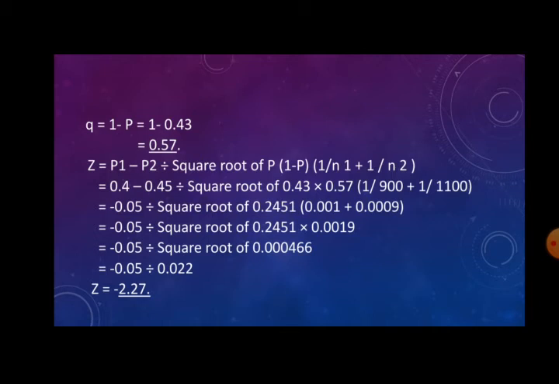Next, minus 0.05 divided by the square root of the product of 0.2451 into 0.0019, which will come up to 0.000466. Minus 0.05 divided by the square root of 0.000466, which will come up to 0.022. So the Z value is minus 2.27.